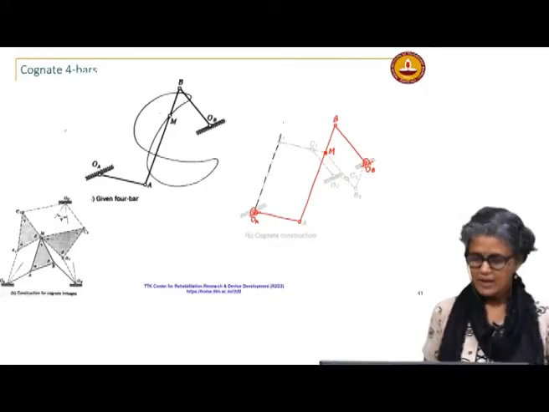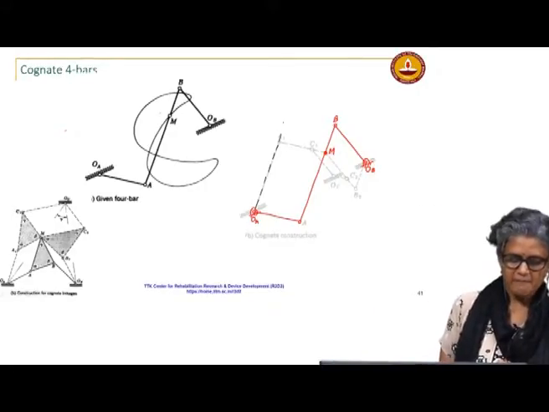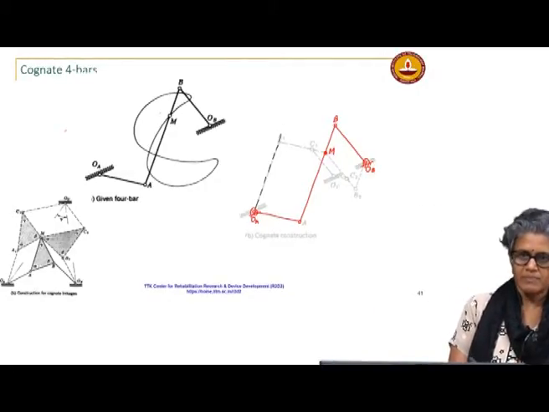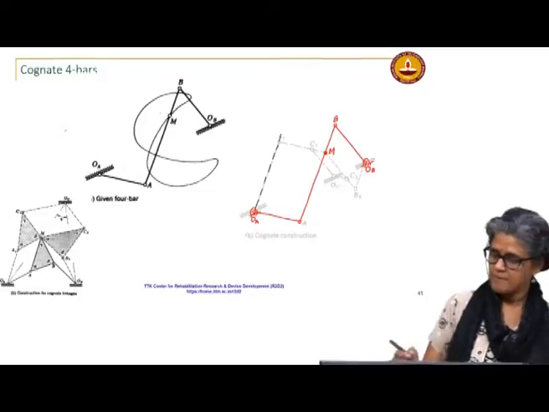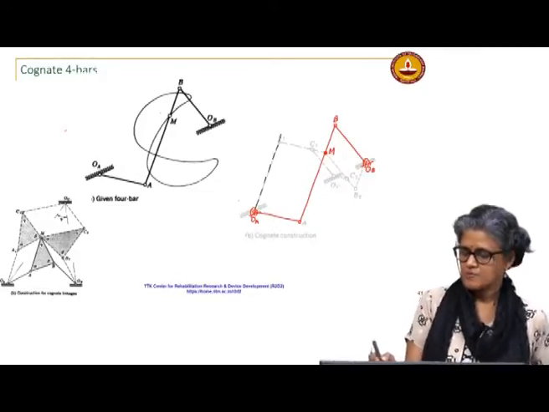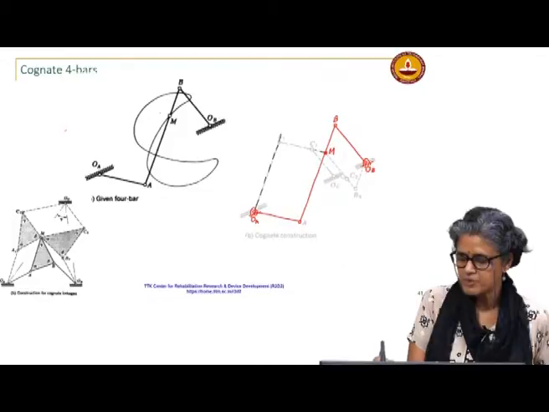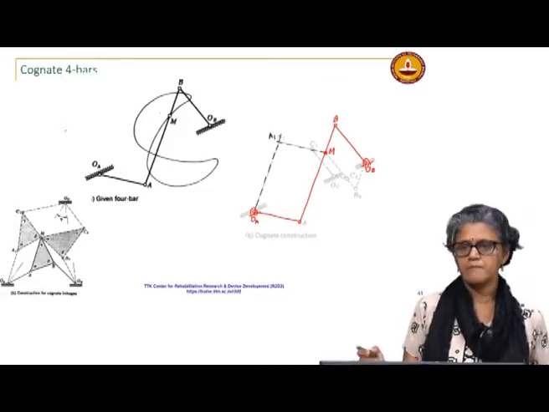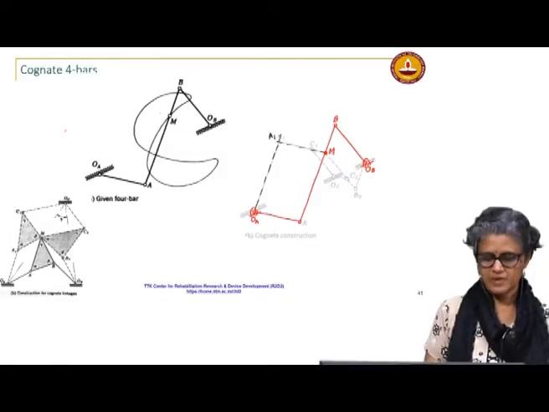And from M, MA1 is parallel to OAA. So, from here this will help you locate the point A1.